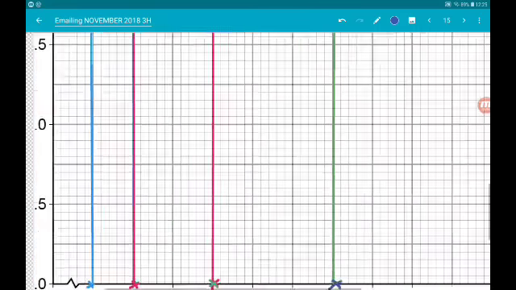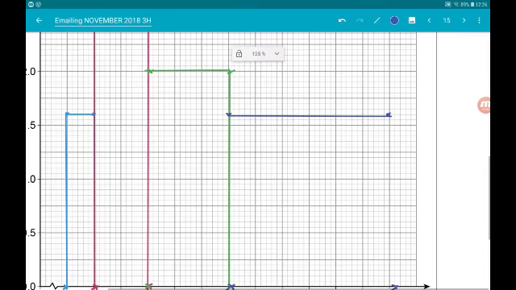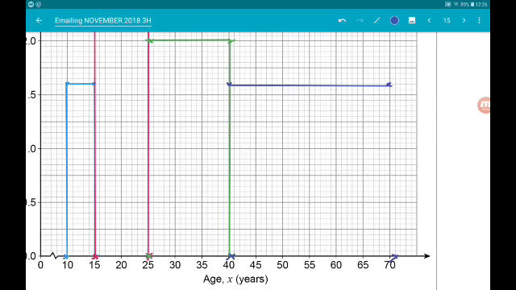So, draw the bar in. So, here is our lovely histogram. Cool.